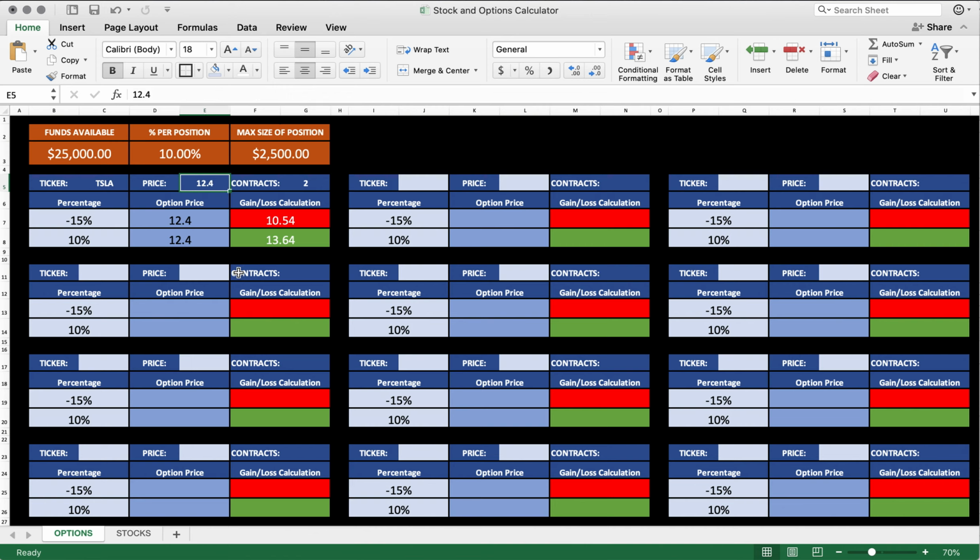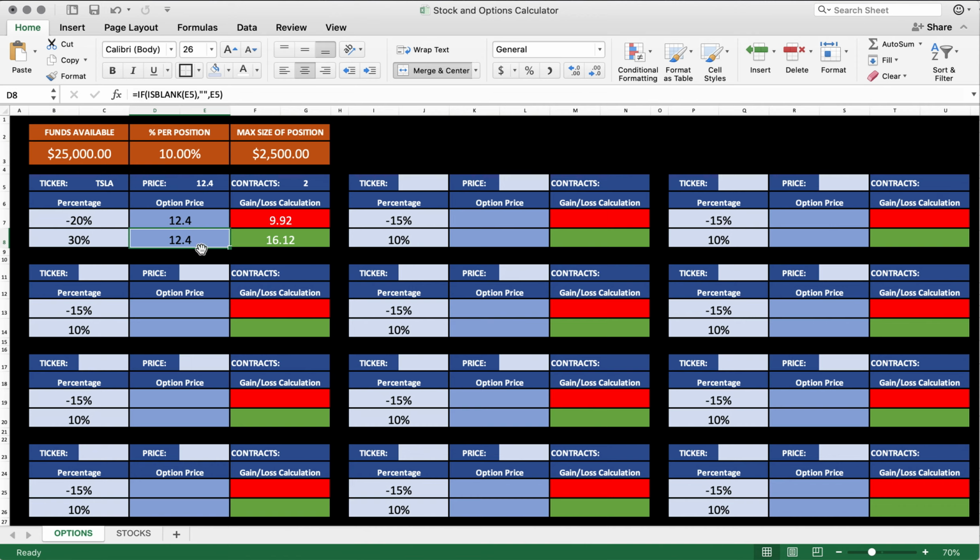Once you put the price of the option in, it populates the percentage gain and percentage loss that you're willing to take. You can change these two percentages. I have mine pretty conservative at negative 15%, but you can change it to negative 20, and you do have to put the negative in. You can also change your upside to higher, if you wanted to change it to 30.